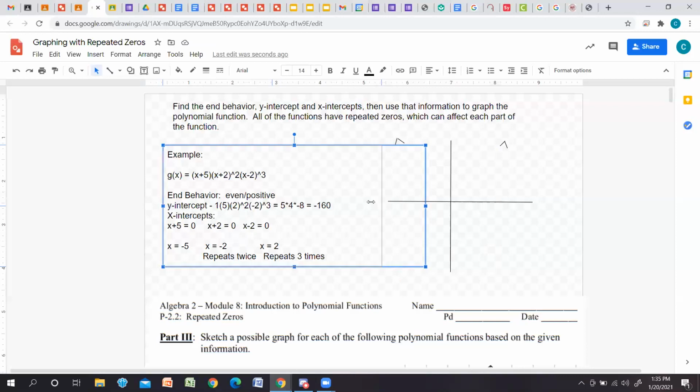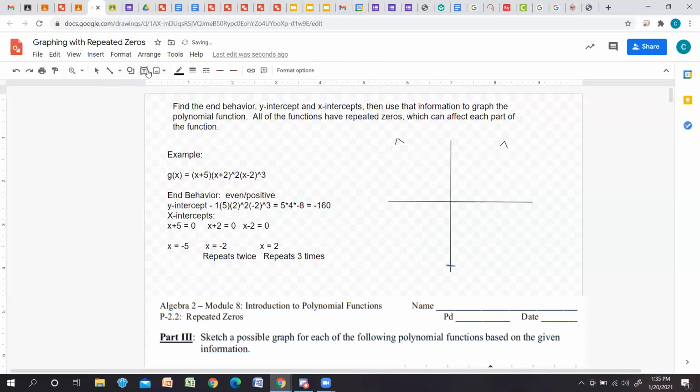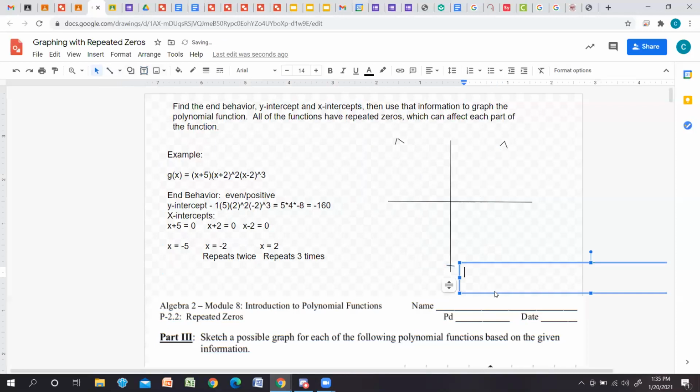All right. So now I'm going to mark all my intercepts. Actually it's negative. The y-intercept is negative 160. So I put that there. Negative 160 for the y-intercept. Then my x-intercepts are at negative 5.